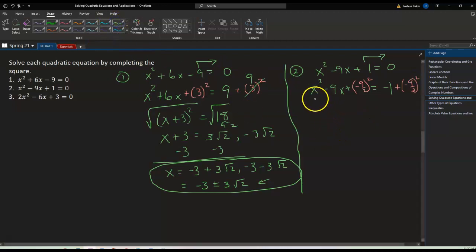So this is going to factor to x minus 9 over 2 squared. Okay. Over here on the right, if I square negative 9 halves, that's going to be 81 over 4. So if I rewrite negative 1 as a fraction with the 4 as the denominator, it's going to be negative 4 over 4.